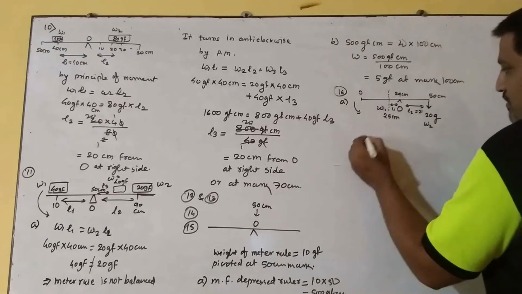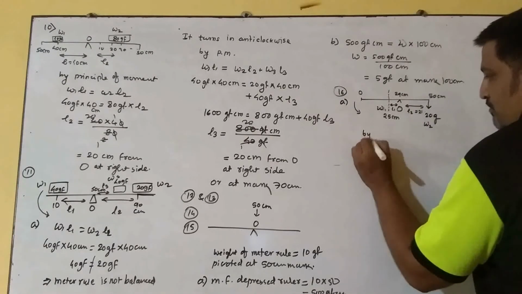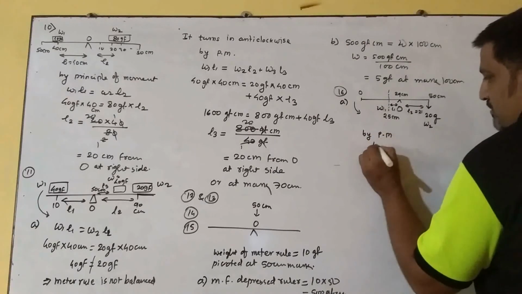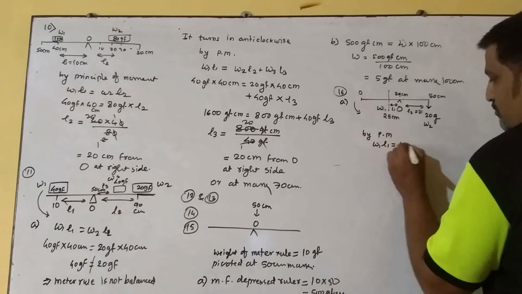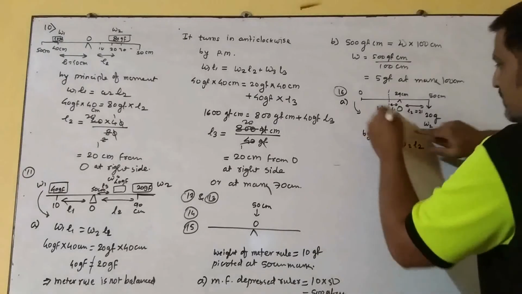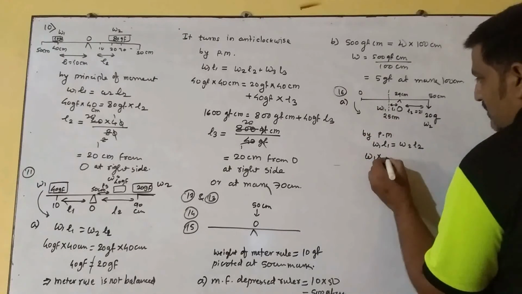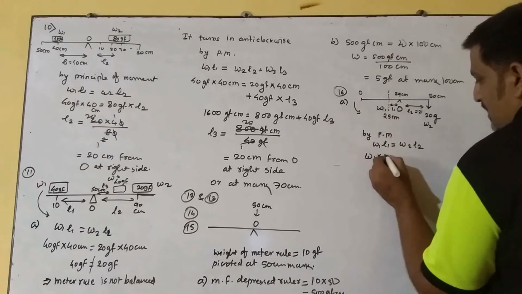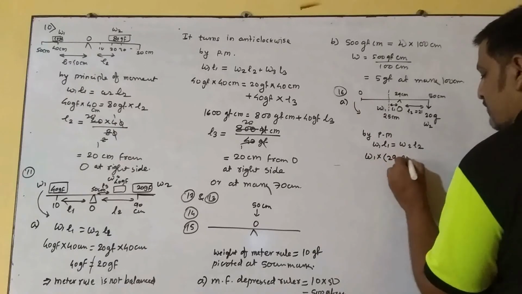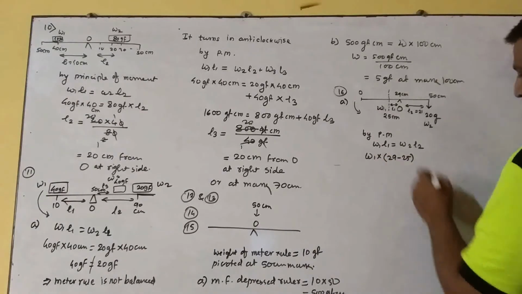By the principle of moments, W1 L1 is equal to W2 L2. W1 we have to find. L1 is 29 minus 25, which is 4 centimeter. I write 29 minus 25 directly so you can understand.